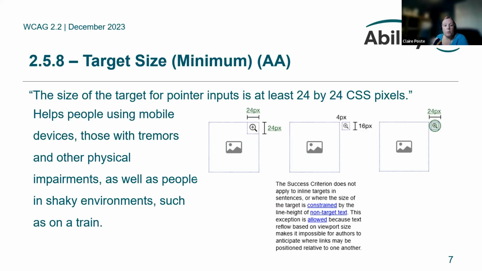And this one has been put in to have that minimum level at AA. But in this case, I would strongly recommend trying to adhere to the AAA wherever you can to make your touch targets as usable as possible, even though this is the minimum level that you want to be looking at.